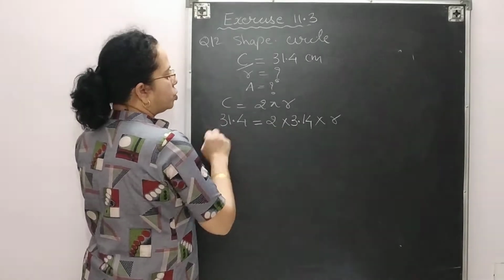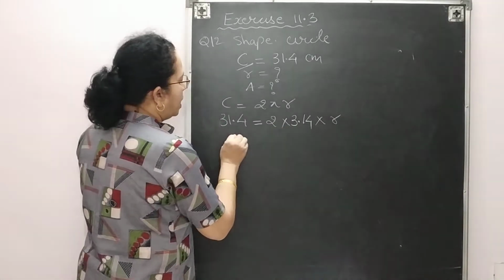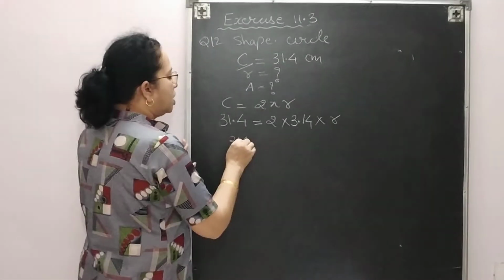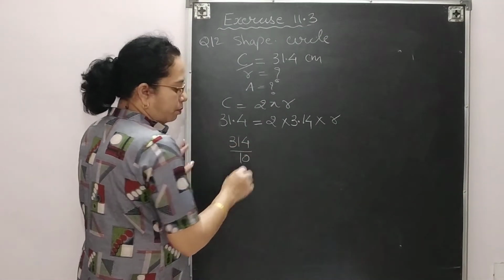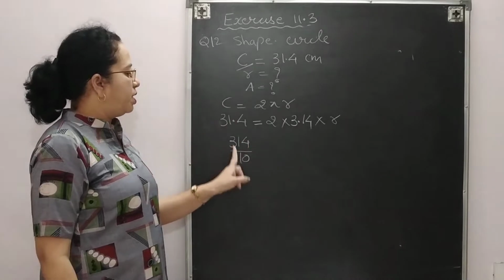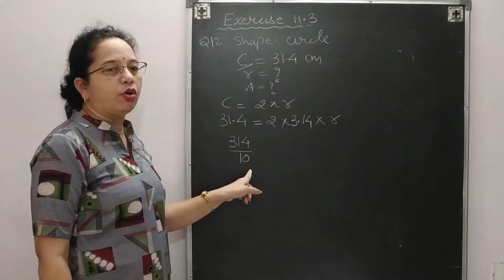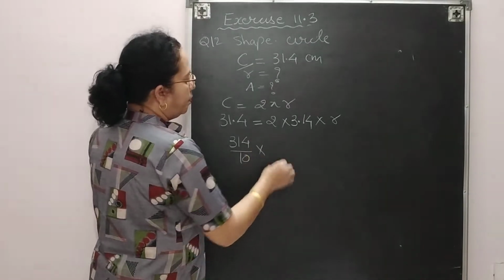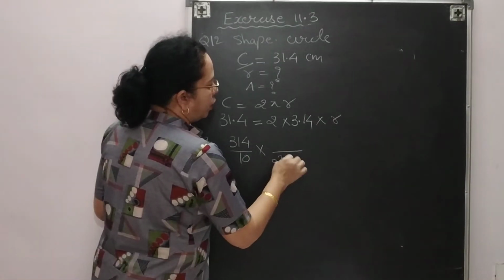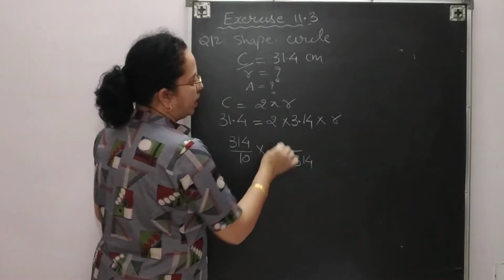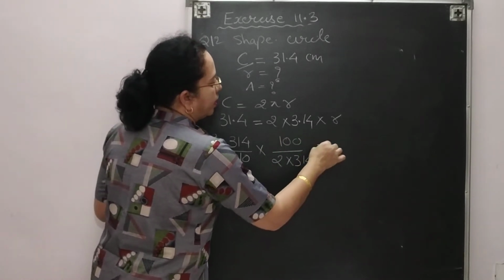Now we will shift this 2 to the left hand side. If you have some problem with the decimal, how to cut the numbers, this number you can write down as 31.4 upon 10. For decimal it will come 1 and after decimal 1 digit is there, so we will write down 10. Multiplied by this number will be 2 again into 3.14, so 314 and here will become 100.